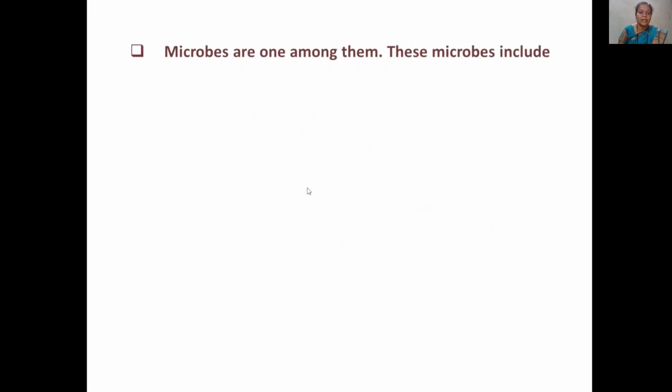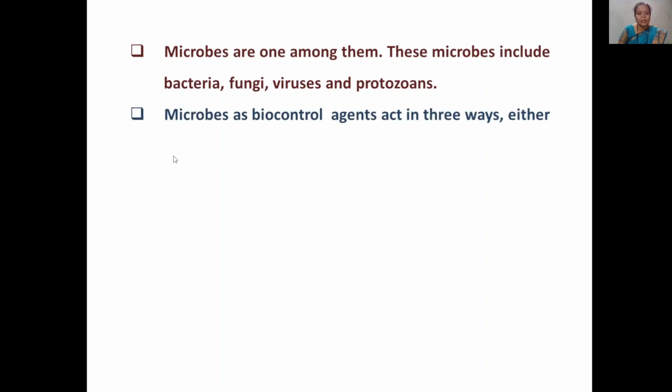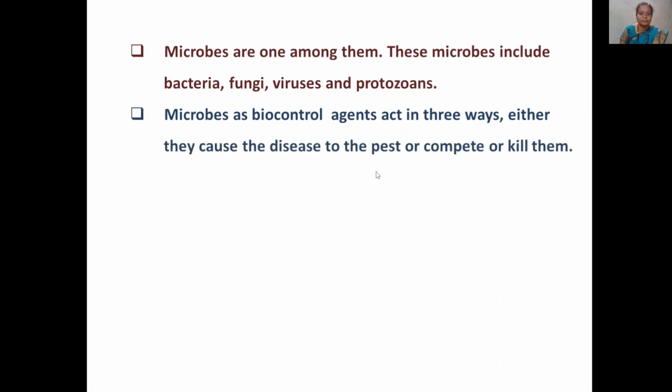Go to next slide. These microbes include bacteria, fungi, viruses, and protozoans. Microbes as biocontrol agents act in three ways. Either they cause disease to the pest or completely kill them.